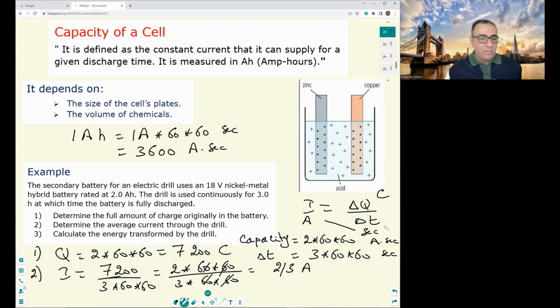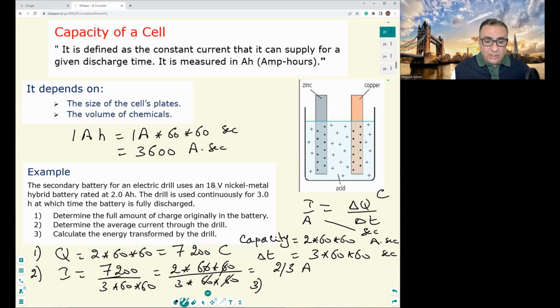Okay. Now, calculate the energy transformed by the drill. Okay, number 3. So energy. Let's see, we have here 18 volts. Voltage is always linked to work done or energy, right? Because work done is the energy transferred from one point to another.